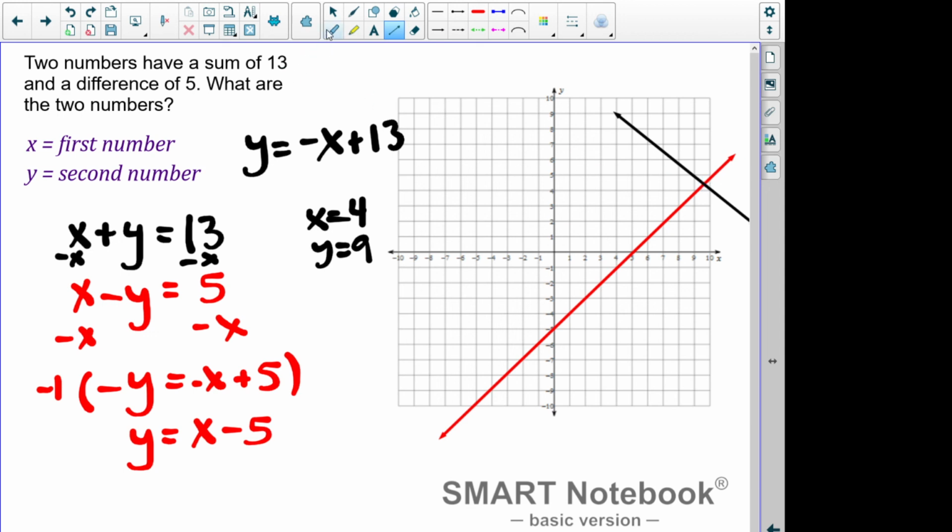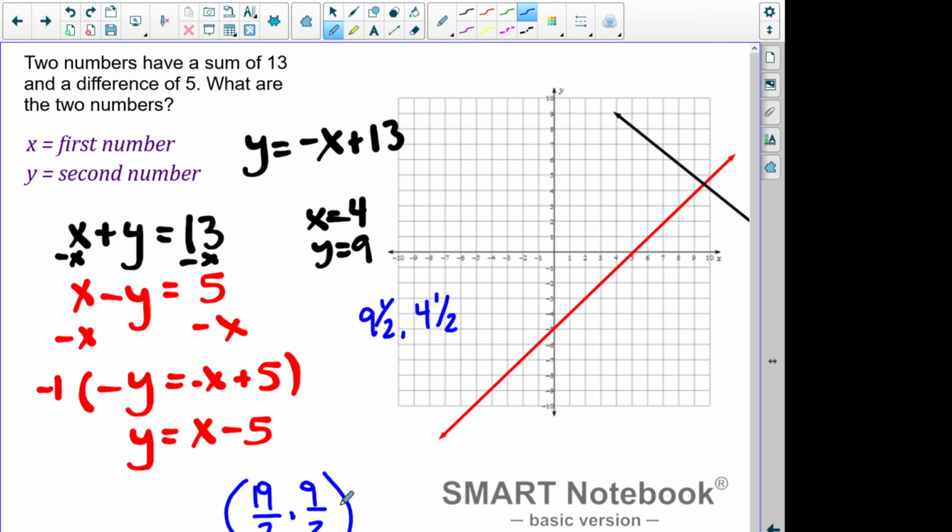So 9.5 is 19 over 2, and 4.5 is 9 over 2. So that would be my solution.